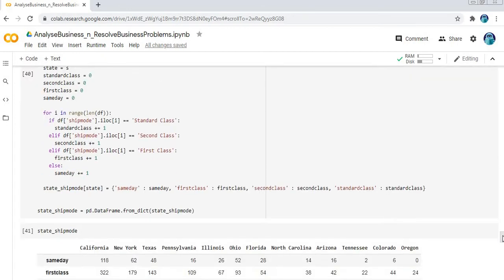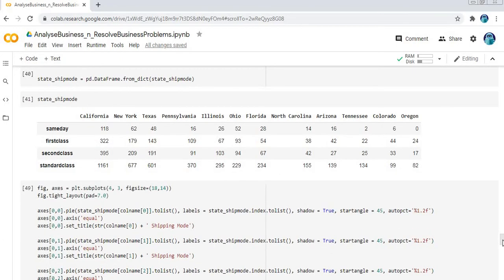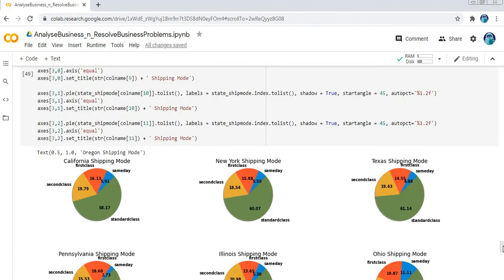Again I'm making a customized data set, and then here we are plotting the percentage of the number of times each shipping mode was used.